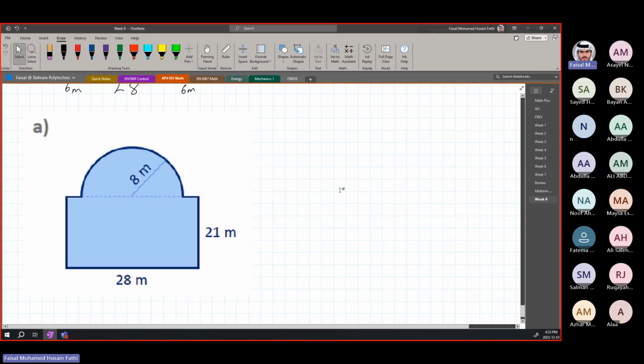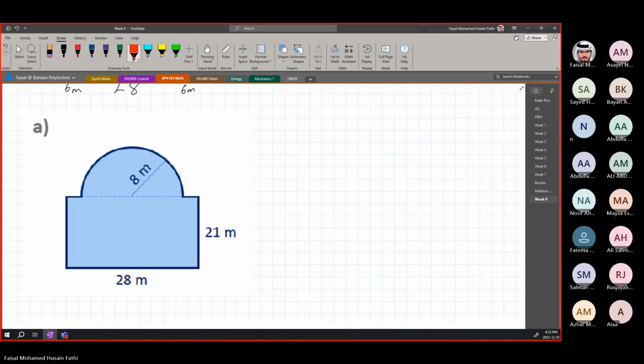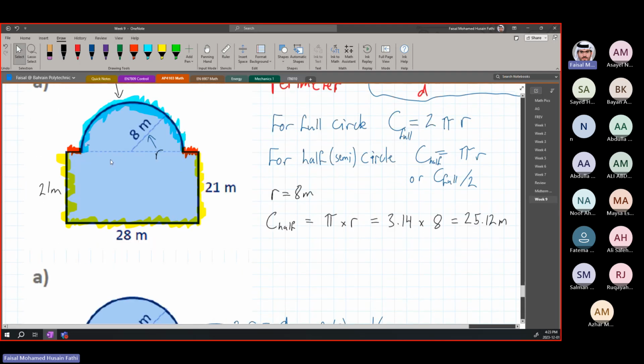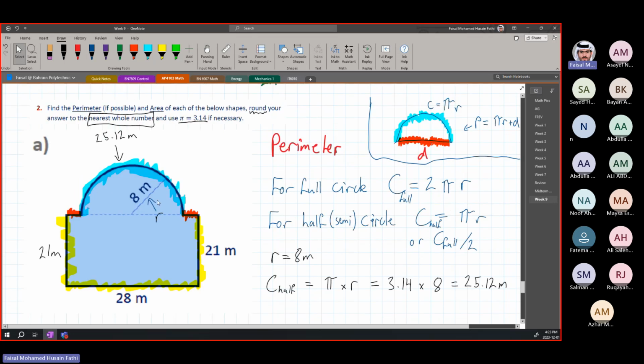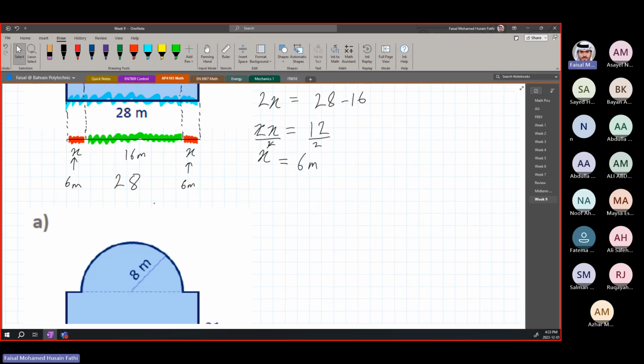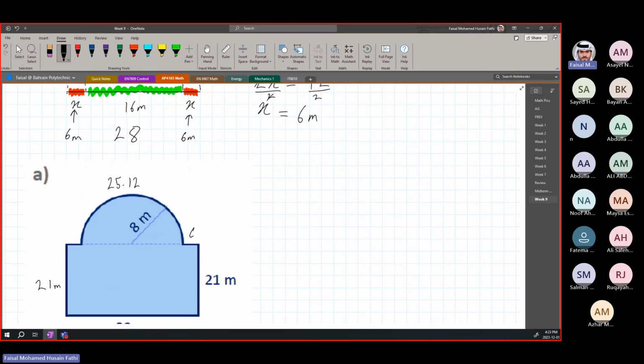To find the perimeter, let's just write all the values that we found. We know that this is 21 meters. We know that this is 25.12, which is the circumference of a semicircle. And we know that this is 6 meters and this is 6 meters.